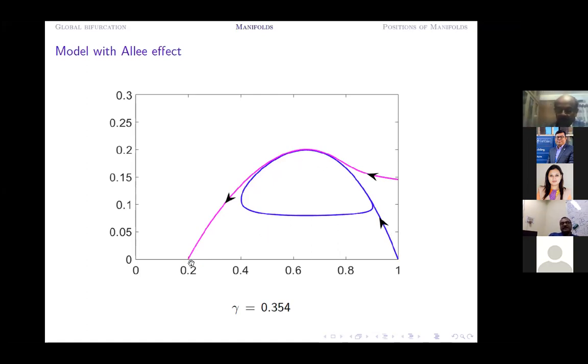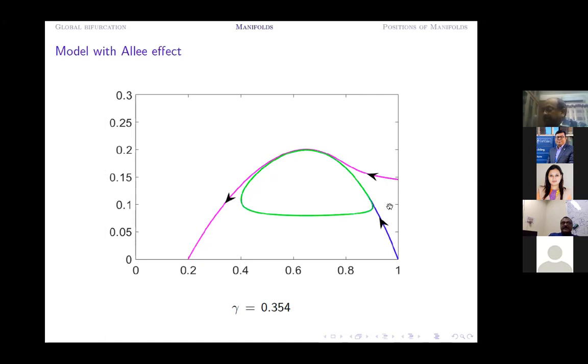Precisely, the stable manifold of the axial equilibrium point (0.2, 0) lies above the unstable manifold of the point (1, 0) for the parameter 0.354. And as this unstable manifold converges to the stable limit cycle, if you wish you can plot this limit cycle separately.